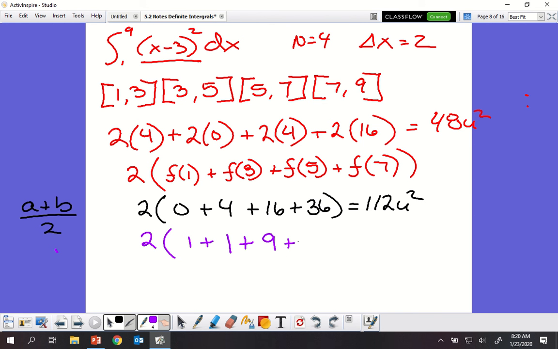My last one is going to be 7 plus 9 is 16, divided by 2 is 8. So we're plugging in 8. So 8 minus 3 is 5. 5 squared is 25. There we go.